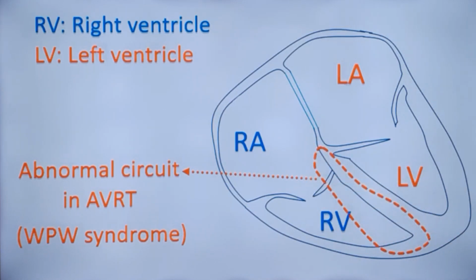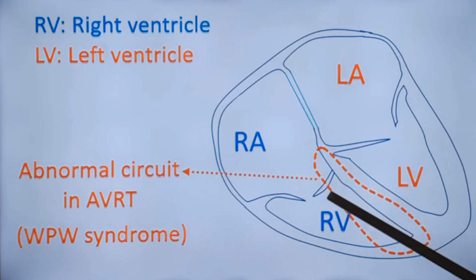That is orthodromic conduction. In orthodromic conduction, the QRS will be narrow because initial activation of the ventricles is through the normal conduction system. Retrograde will activate the atria and the P wave will depend on where it is activating the atria initially.